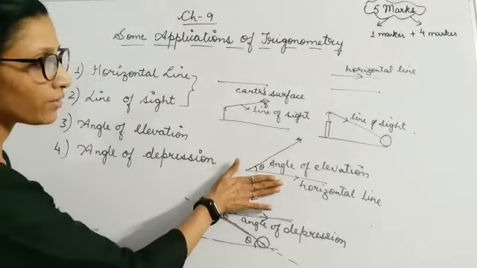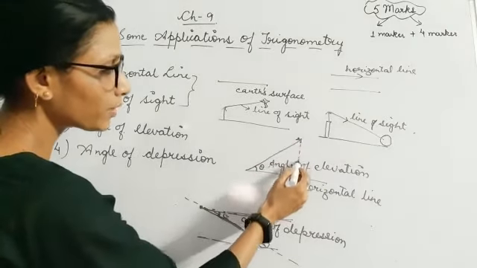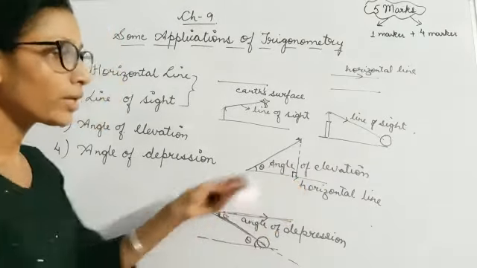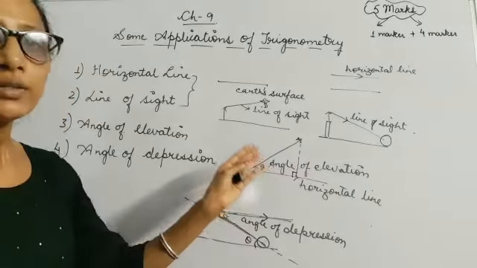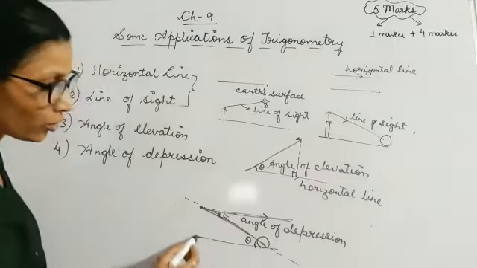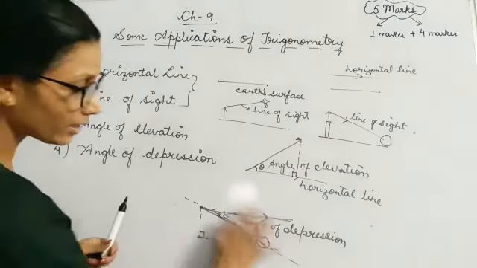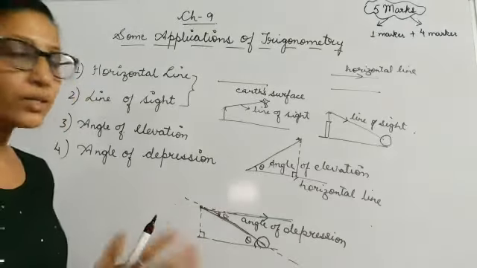Now let's see, if I have made this angle of elevation, then I will be dropping a perpendicular line on the ground, and hence I am creating a right angle triangle. Here also, this is your line of sight, this is your horizontal line, so I will be dropping a perpendicular on the ground, and again I am creating a right angle triangle.